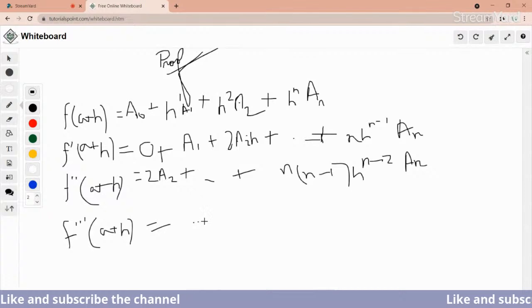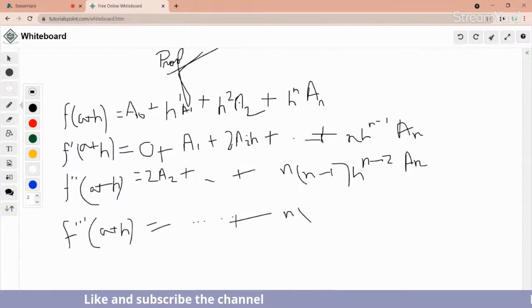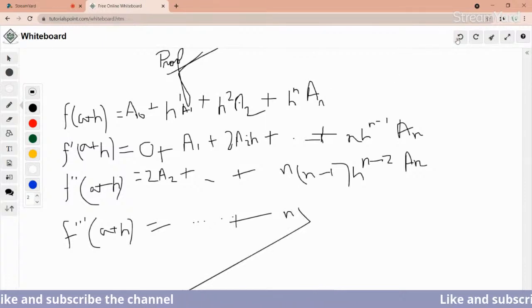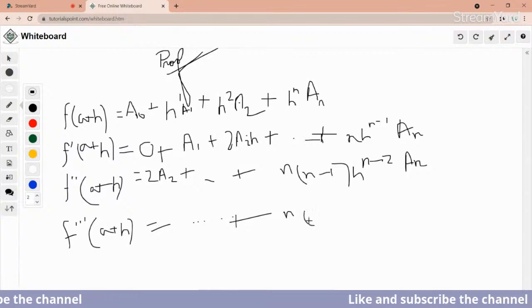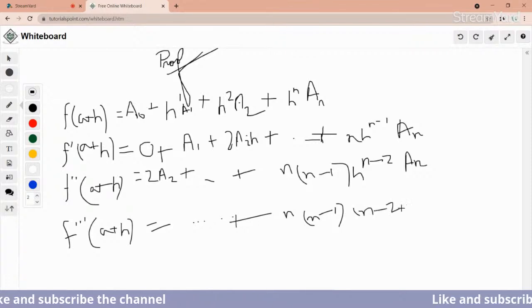So all will be differentiated as per the formulas, and the last term will be like n minus 1, n minus 2. So it's coming in terms of factorials, right?